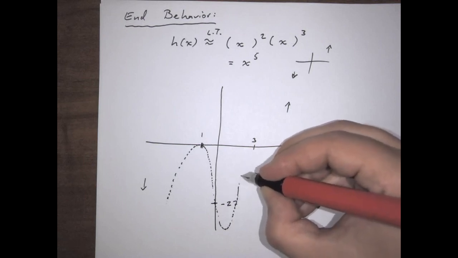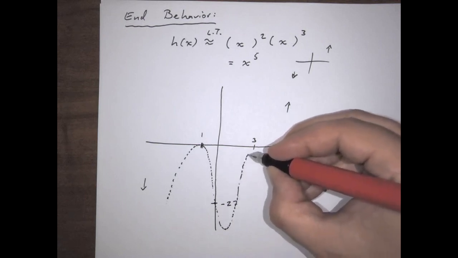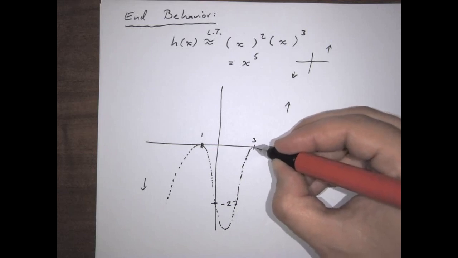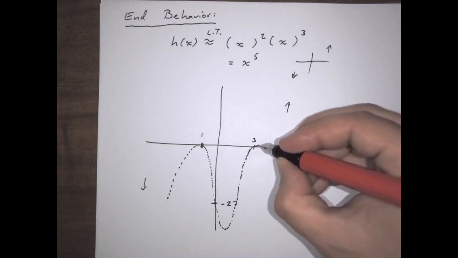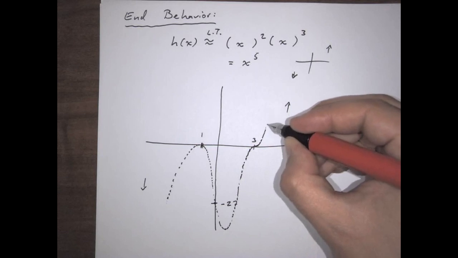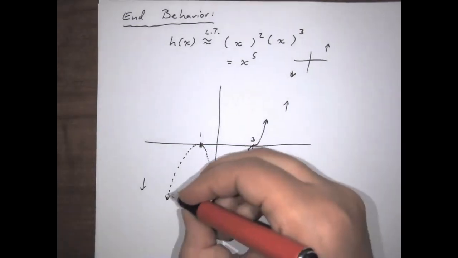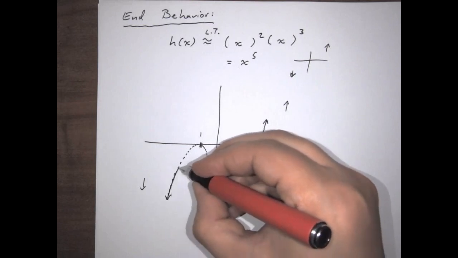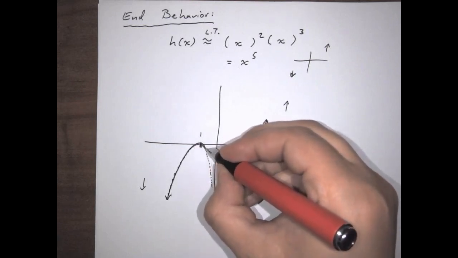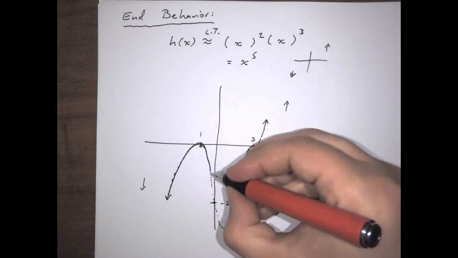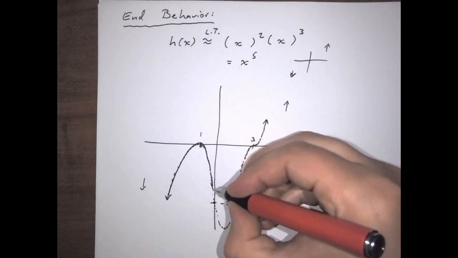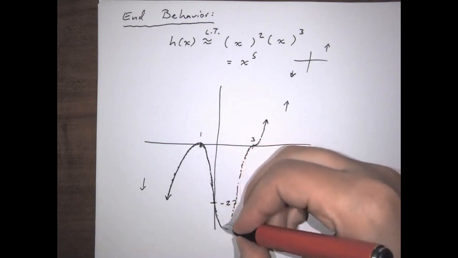And we know that this next zero that is approaching has multiplicity of 3, so that means it goes through in a wiggly way. And we have no real way of telling how deep it dips right here.